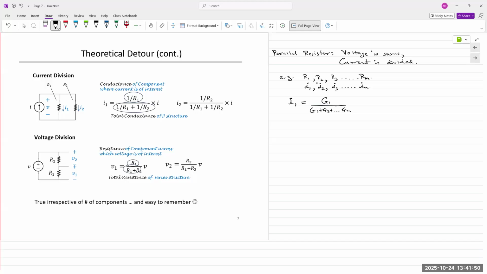And then voltage division applies to series resistors. If it's a series connection, of course, the current is the same, but voltage is divided.